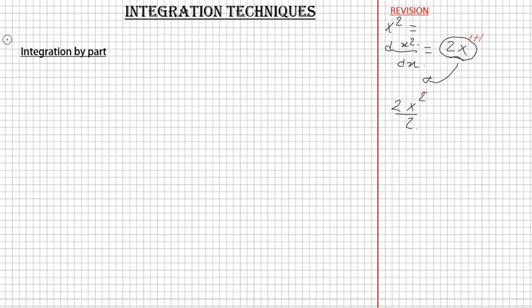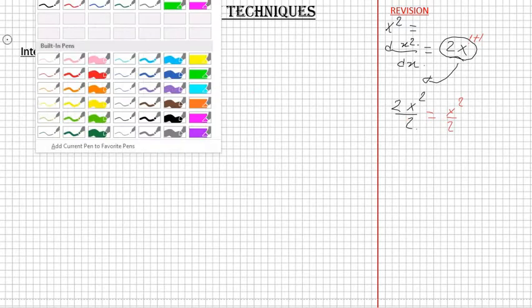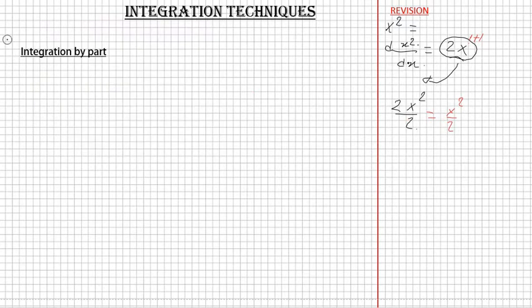Now we have to divide the whole expression by 2, so you actually have x squared over 2. You did all this in N5. Now in N6 we have to look at the methods that are used to integrate a function.